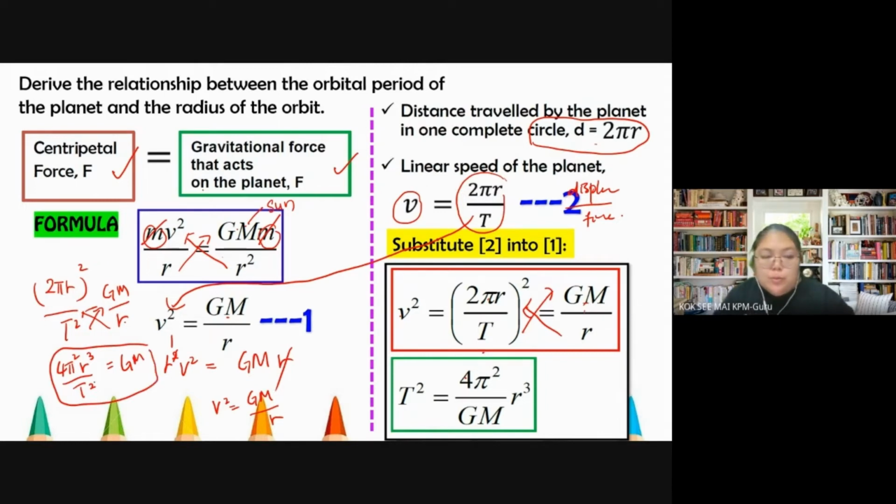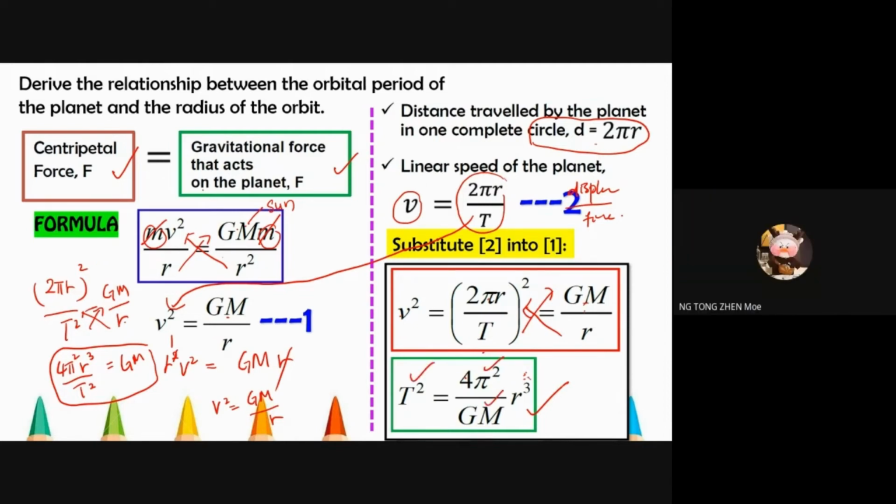Now I want to move the t squared to the other side, and the GM comes down. So the formula is created: t squared equals 4 pi squared r cubed over GM. You find this formula is almost the same as what we learned before. Have you seen this formula before?